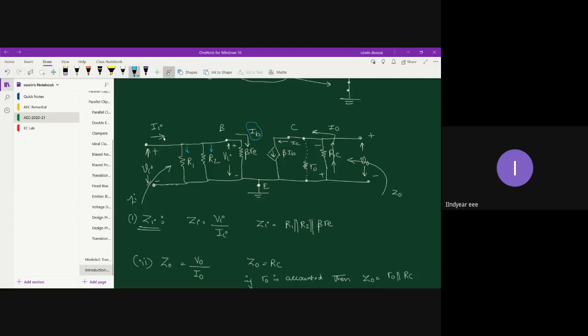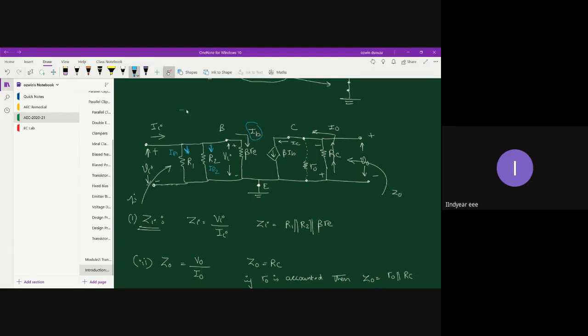This current II is, say, IR1, which flows like this, and then there will be a split, IR2, and then another split, which is IB.